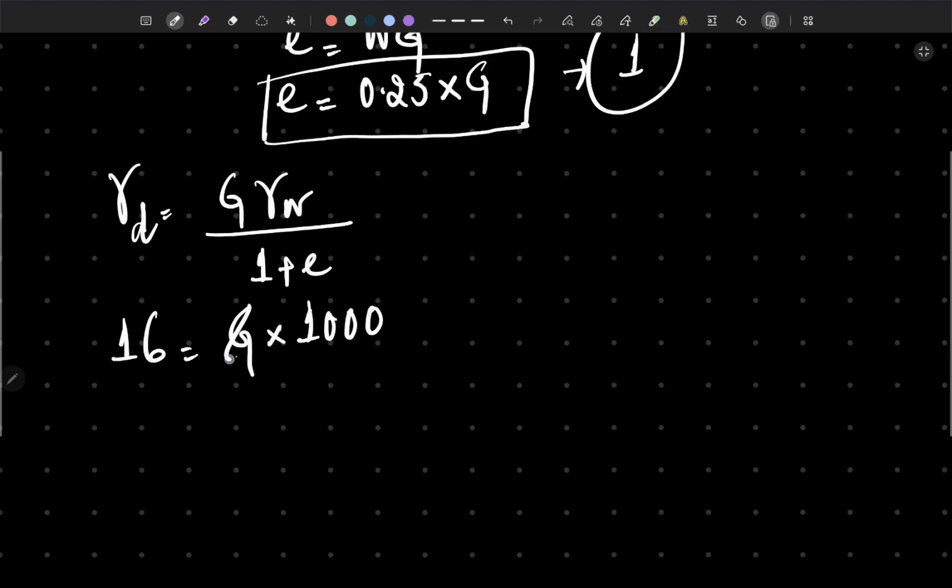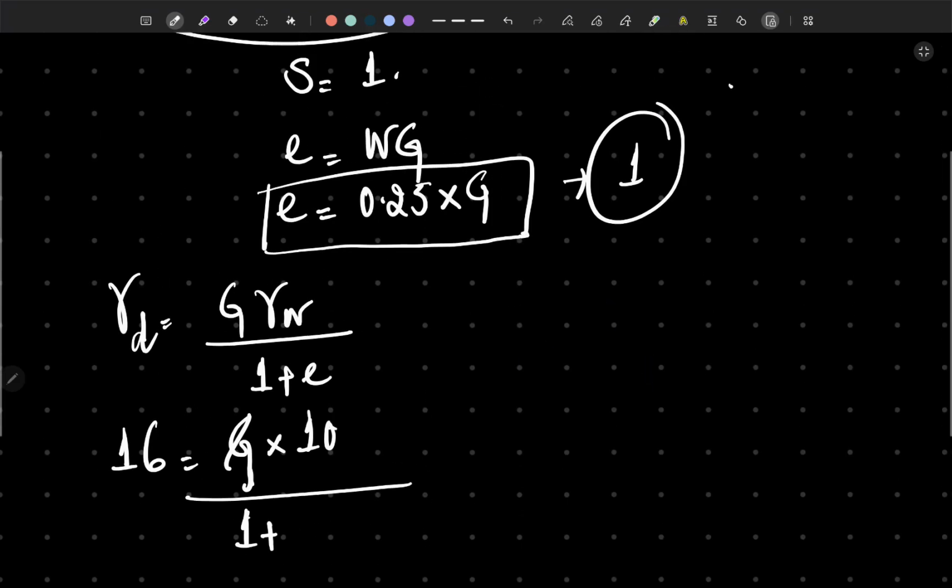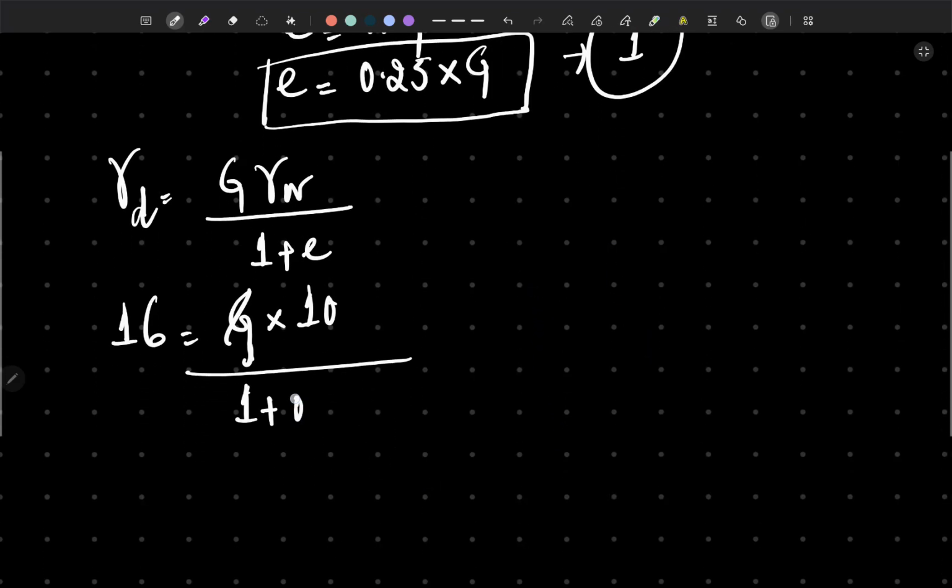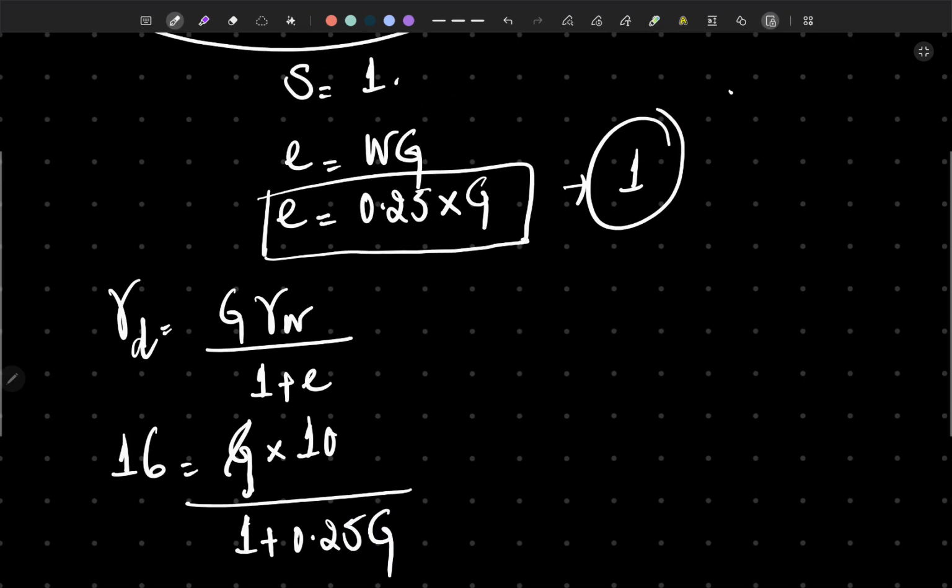Unit weight of water is 10 kilonewton per cubic meter, divided by 1 plus e. We substitute the value e = 0.25 G, as we calculated from equation number 1.